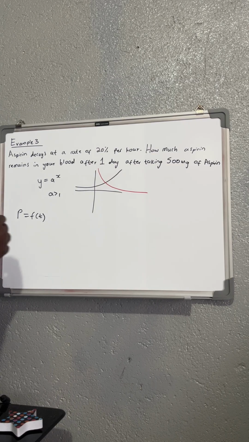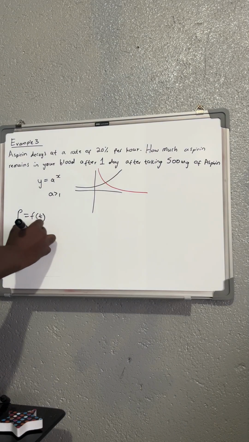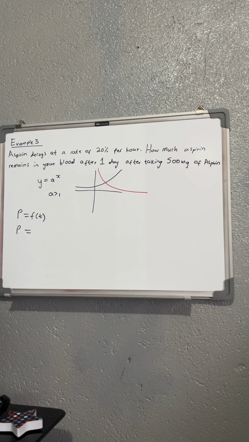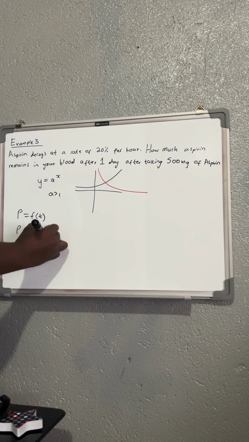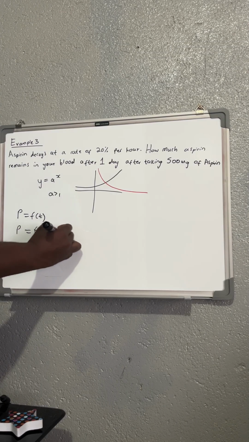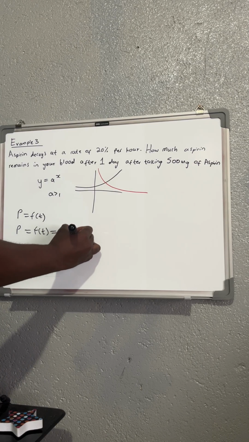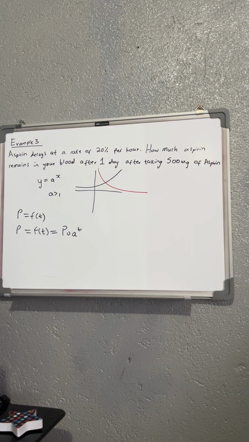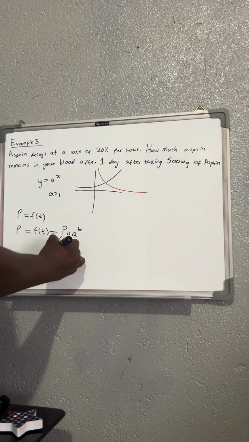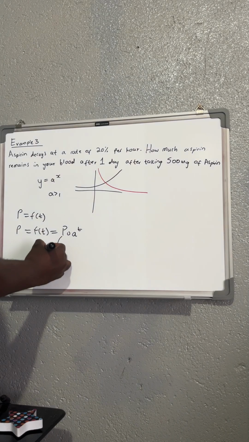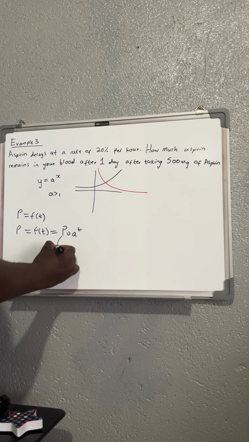Then if p equals f of t, we'll say we have p of 0 times a to the exponent t. You don't have to worry about this, I'm just basically trying to explain some of the terms. This one will always be your initial value.